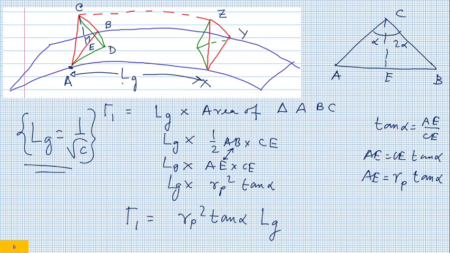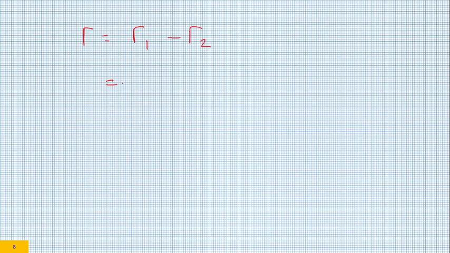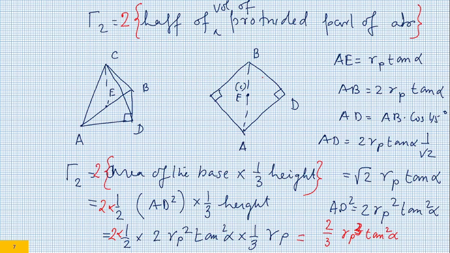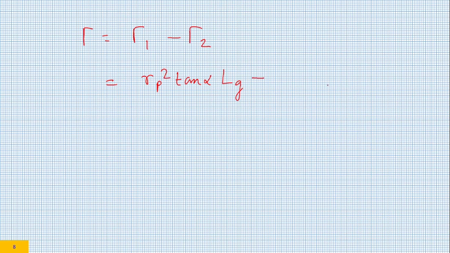So our gamma becomes gamma 1 minus gamma 2. Gamma 1, which we have derived, is RP square tan alpha Lg, and this one is 2/3 RP cube tan square alpha.